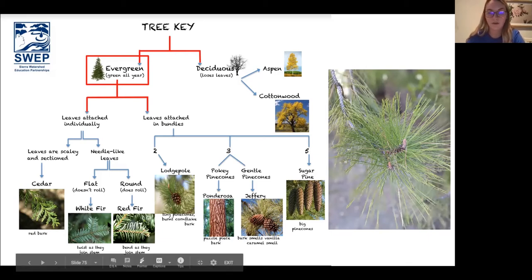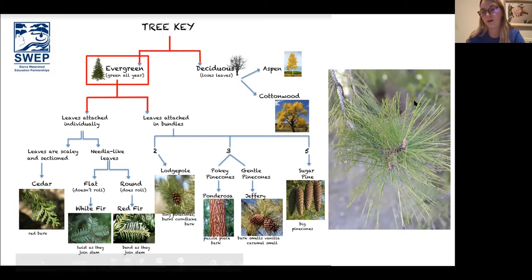And if they came off individually, they would look more like these photos down here where the needles are attached right on the branch. But I know that these needles in this photo are attached in bundles. You can kind of see there's two needles there that go down, and then they're attached to the branch as a bundle. So then we're going to follow the next arrow that is under the bundles.